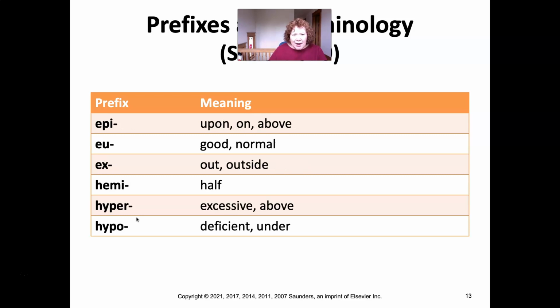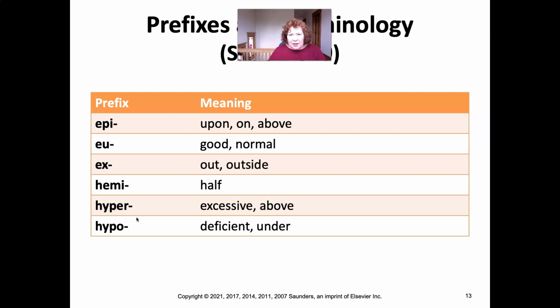Now, the next two I really want to pause for a moment here on hyper and hypo. You need to make sure that when you speak these two or you write these two, that they are very clearly different. Because how you treat a patient for something that is too much of something, hyper, is very different than you would treat a patient for something that is deficient, way less than, below, under, that type of thing.